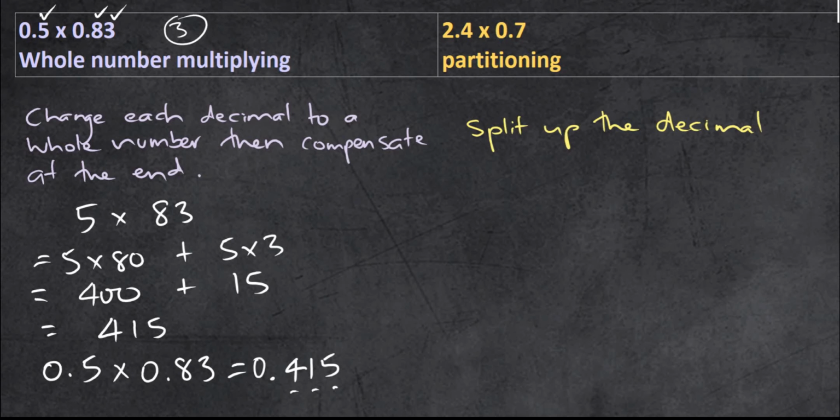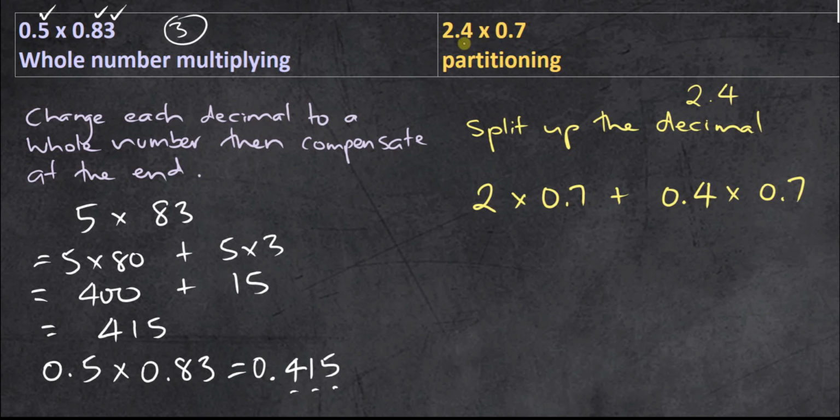So that's that strategy. Our second strategy is called partitioning. So I want to split up the decimal, in this case the 2.4. So 2.4 can be split up into 2 wholes. So 2 wholes times 0.7 plus my 4/10, which is 0.4 times 0.7.